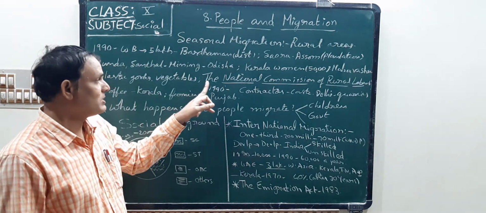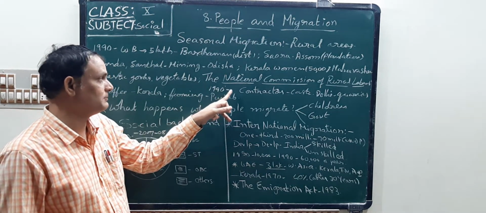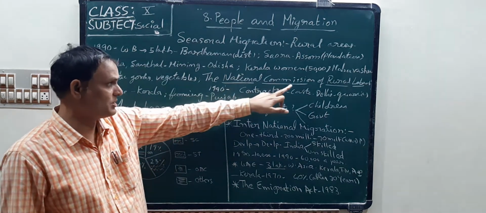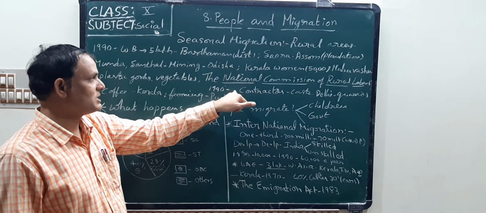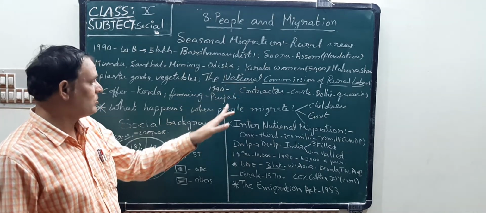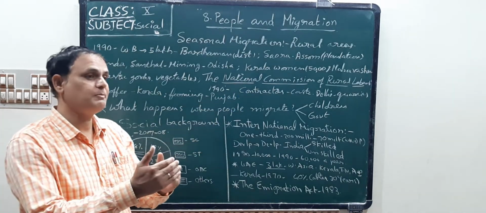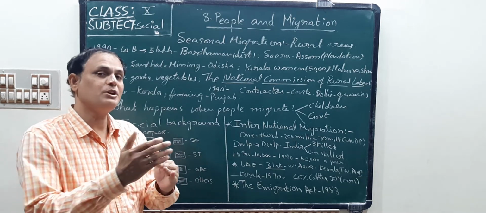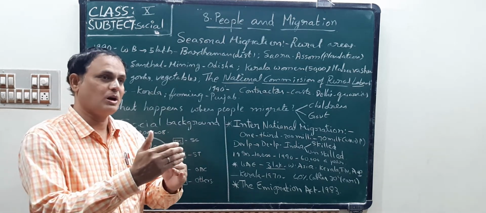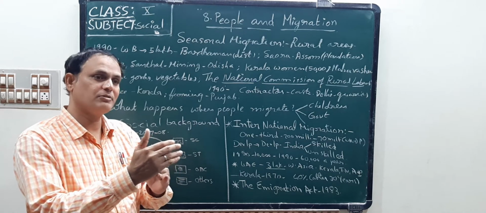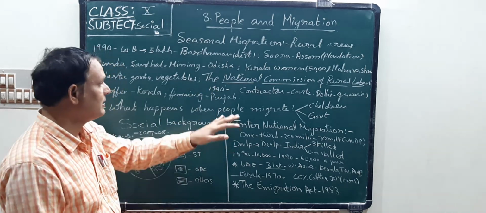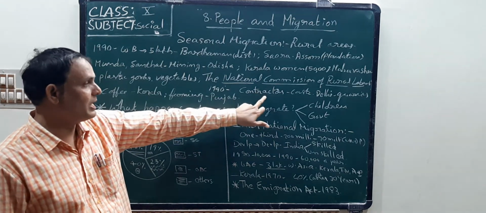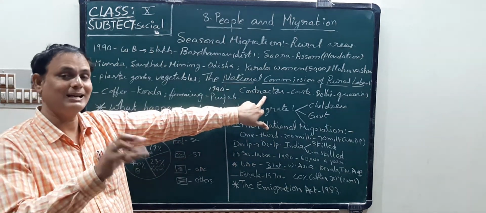Next one, a survey was done by the National Commission on Rural Labour in 1990. Okay, children, so they found which community people, the majority, are migrating from their hometowns to other towns and cities. Next, children, they depend upon contractors.